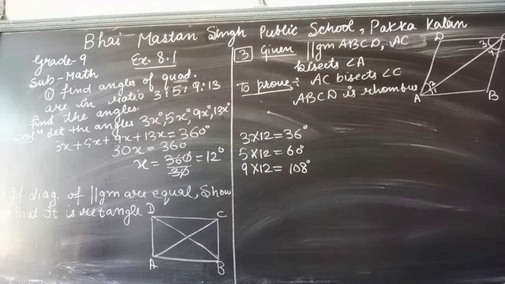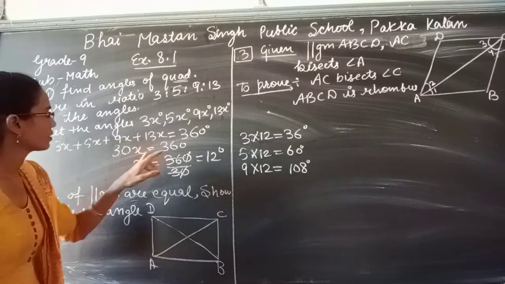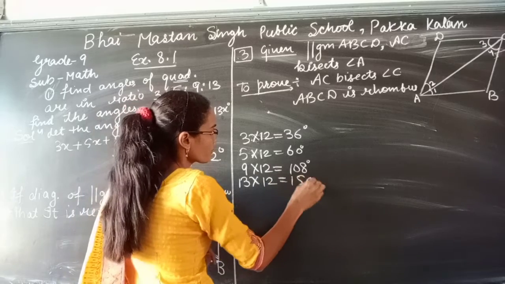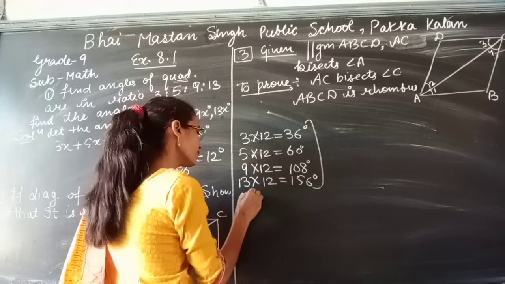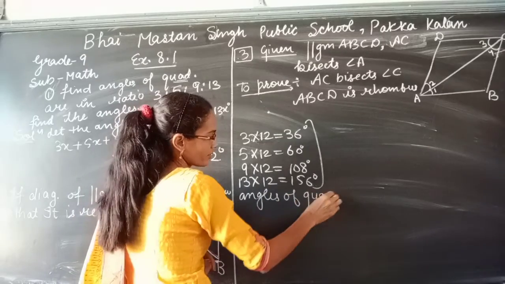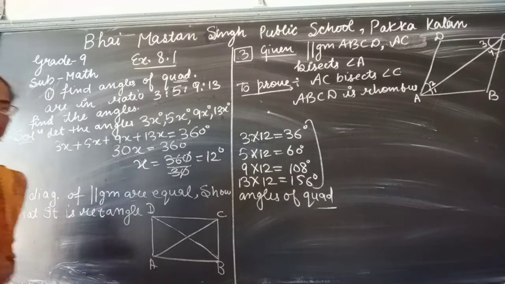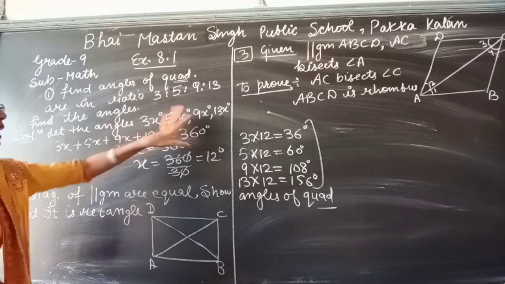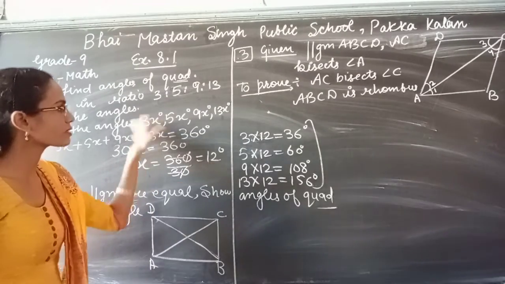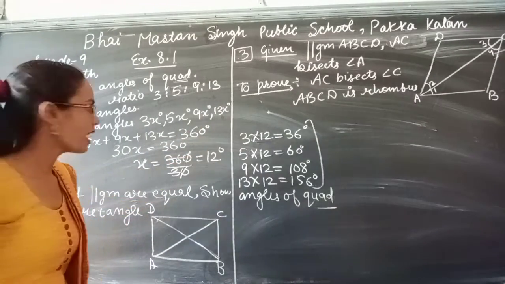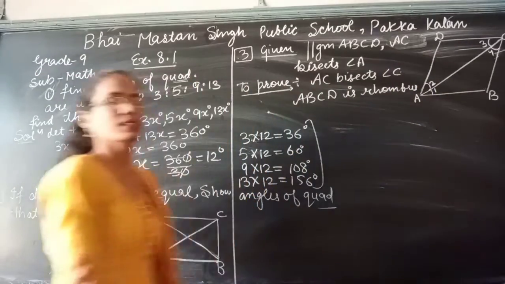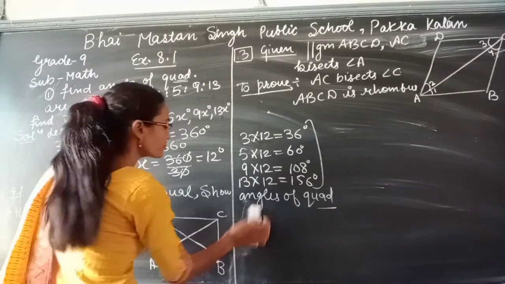And the next one is 13 into 12, which is equal to 156. These are the angles of the quadrilateral. Is it okay? Firstly, you add these angles and find the value of x, then multiply that value of x with each angle, and you find the angles of the quadrilateral.